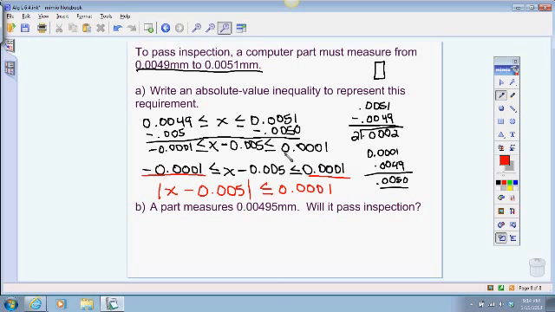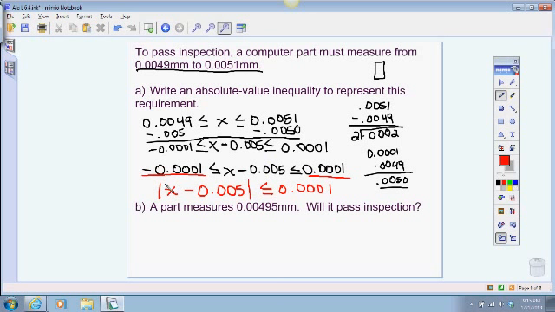So let me go through this again. Write your compound inequality, find your middle, and subtract it from all three parts. When you do that, you're going to see how much you can be off on either side of your halfway point. Here's our halfway point. I can be off by 0.0001 in either direction.